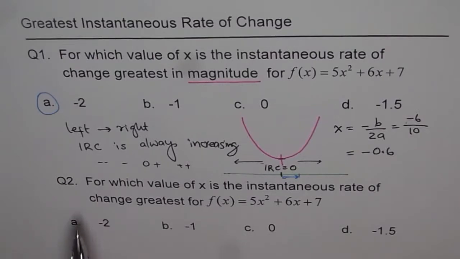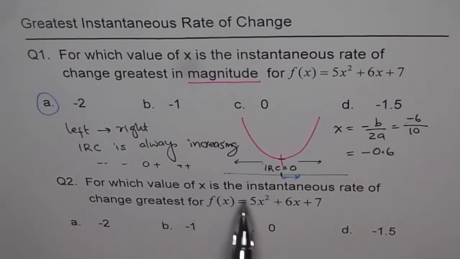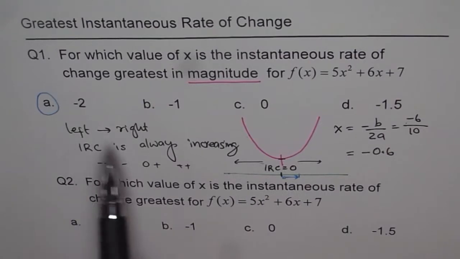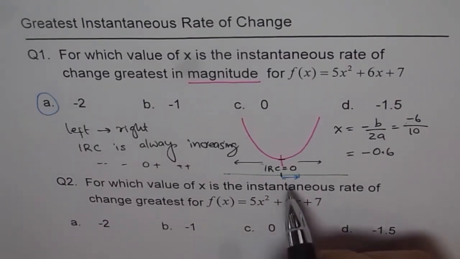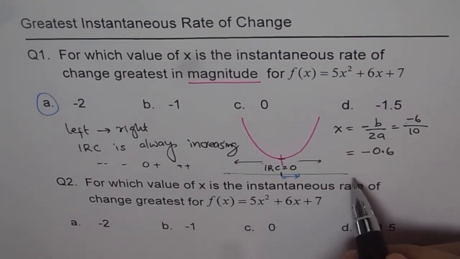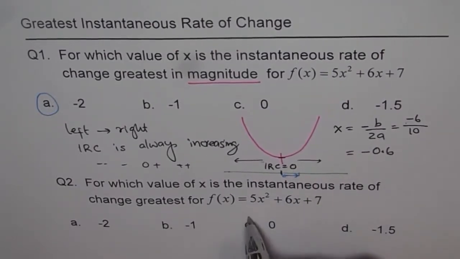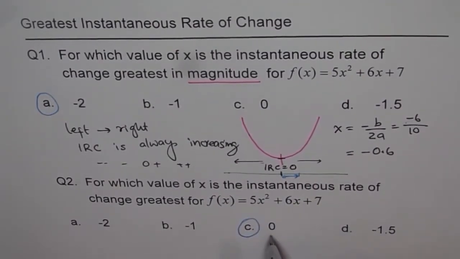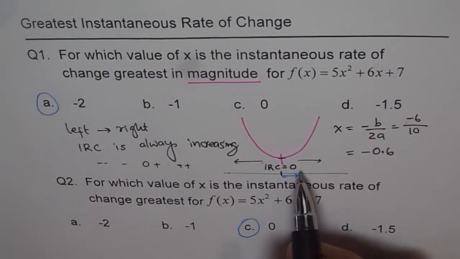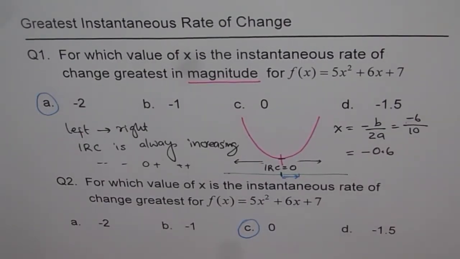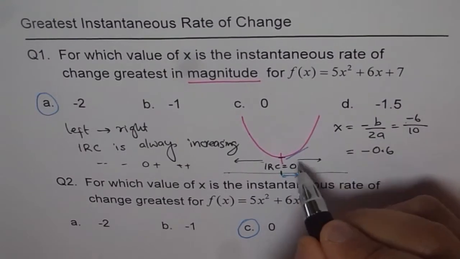Now let's look into part B of this, which is for which value of x is the instantaneous rate of change greatest. Greatest means maybe higher magnitude, but if it's negative, it's actually lowest. The greatest will be the one which is more on the right, which is 0. So then the answer is C. At 0, we have a positive slope.